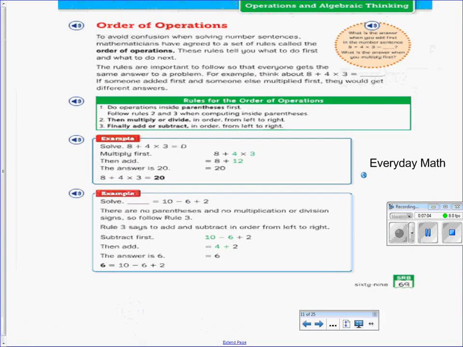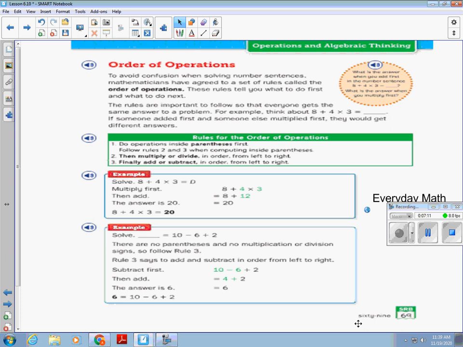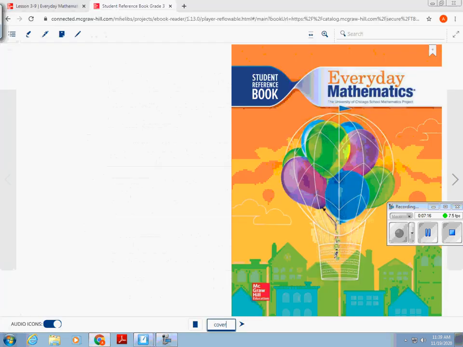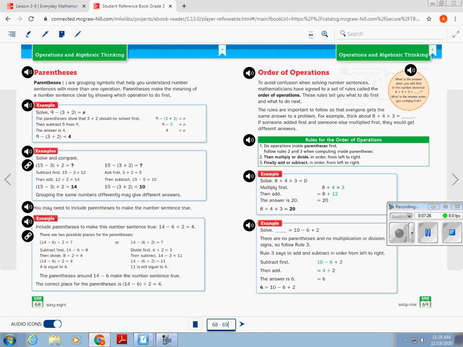And that is page 69. So I'm going to type in down at the bottom, go ahead and type in 69. You do have to take that cover out of there. And it's going to take me to this page, okay?